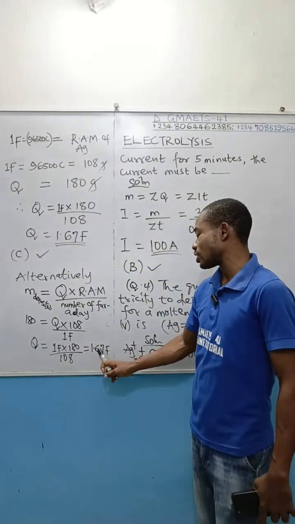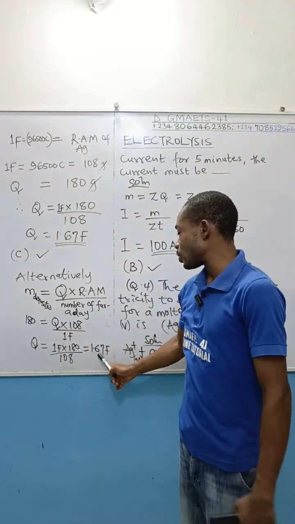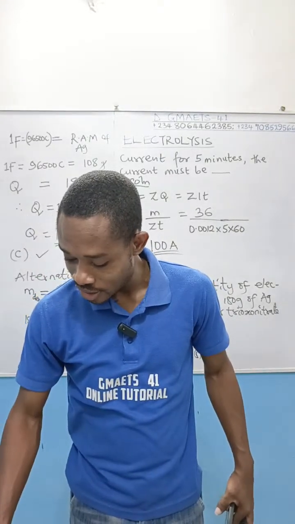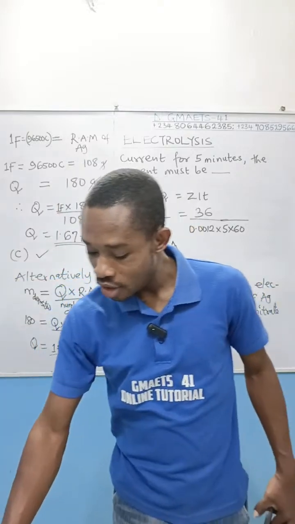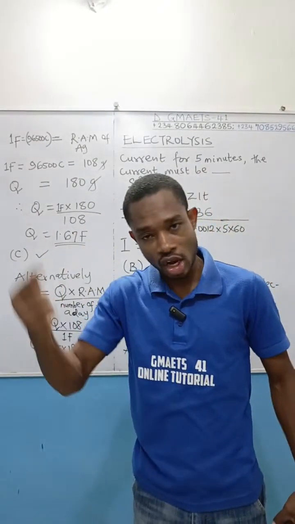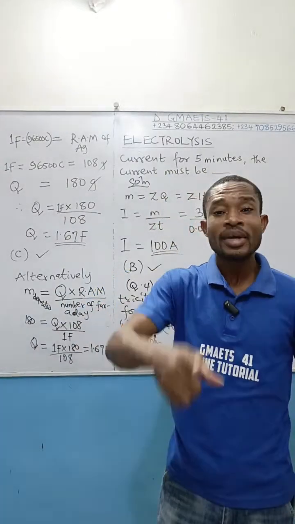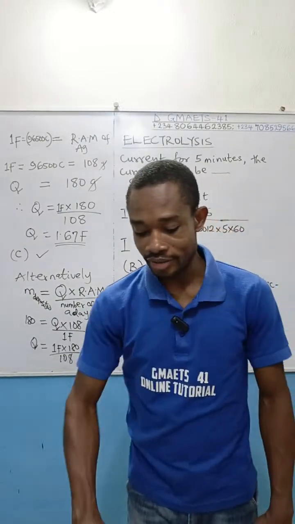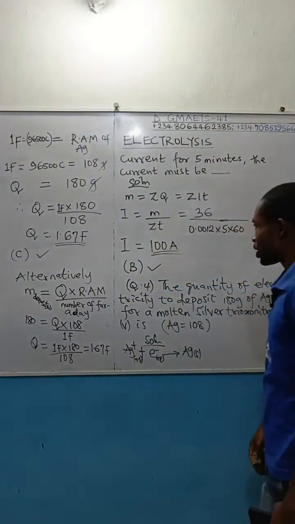Multiply this 1.67 by a Faraday, which is 96,500. 1.67 times 96,500, now the Coulomb value is 161,155 Coulomb. So 161,155 Coulomb is also equivalent to 1.67 Faraday. Take note of that. So you say this and this, they are the same. And we are done with this particular question.